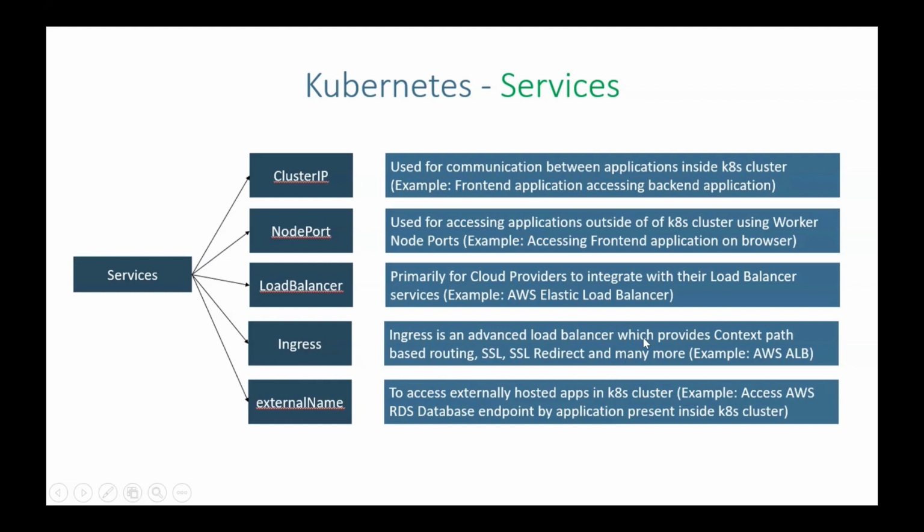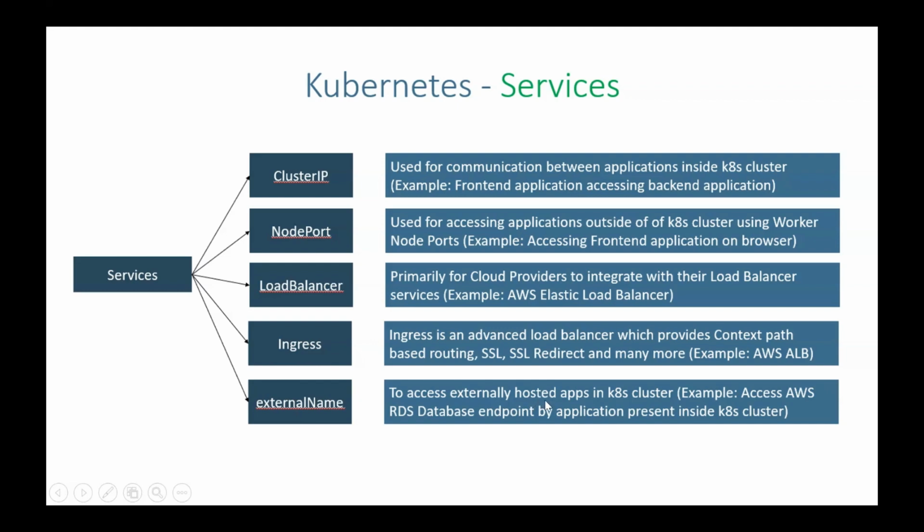We even provide the host name, so that if a particular host name X matches, it will route our traffic to the X application. If the host name is Y, then it will route our traffic to the Y application hosted in the same Kubernetes cluster. If we have to achieve something like this, we can use the Ingress service. Okay, and the last one is ExternalName.